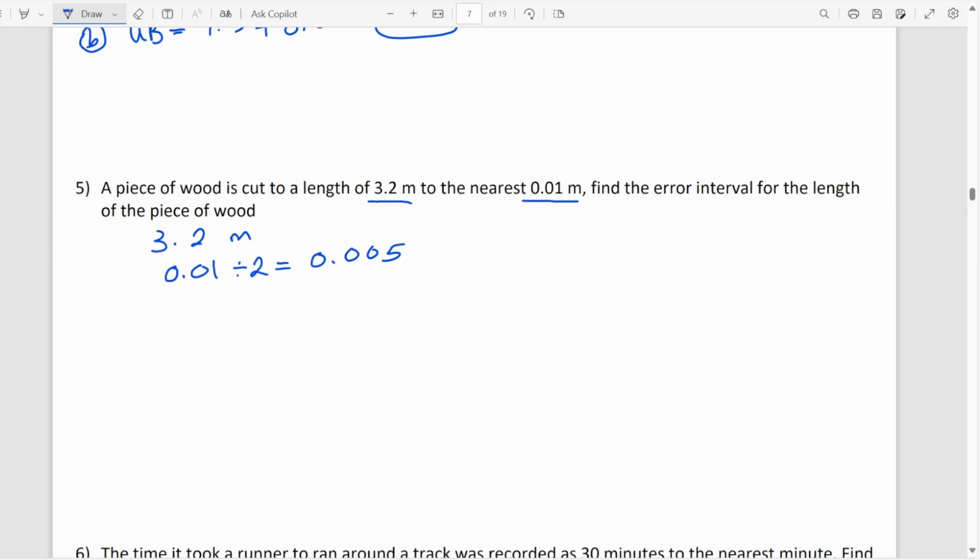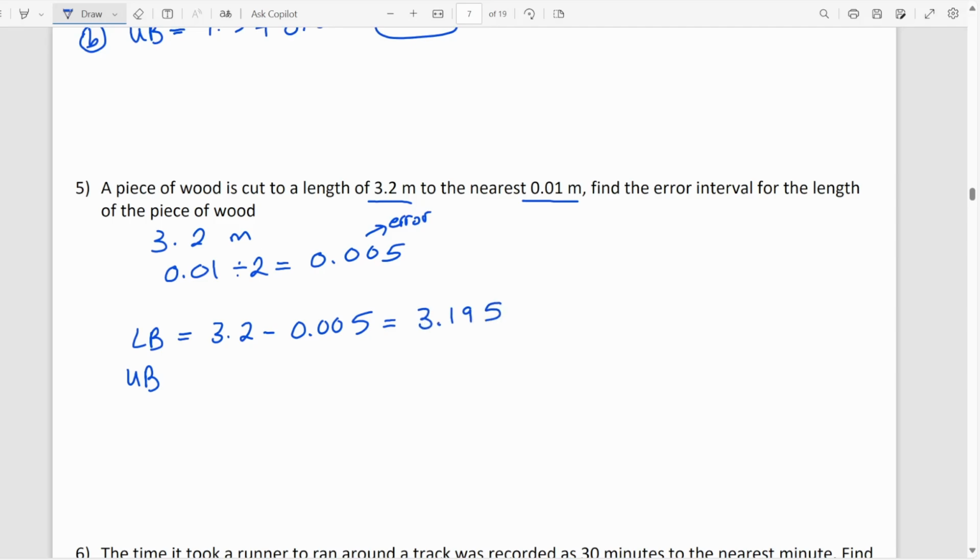Okay. So now we want the error interval. In order to find that, we would first need to find the lower bound and the upper bound. So the lower bound is 3.2 minus the error. This is the error, which is 0.005. And we get 3.195.